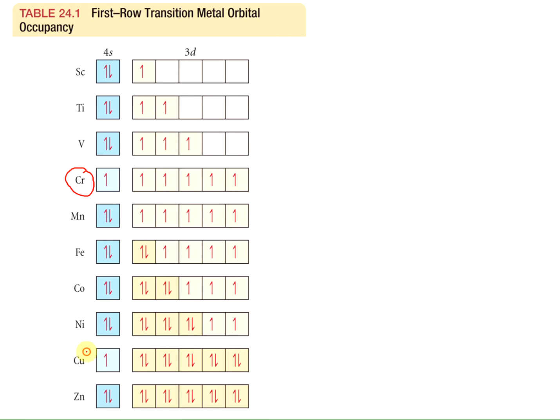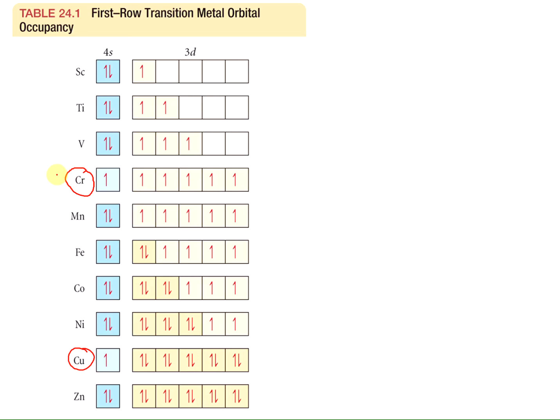Notice as we go from titanium to vanadium, we go 1, 2, 3, 4, we have 5 electrons. For chromium we're going to add 6, but this time, rather than adding just another electron in this orbital here, we promote an electron from the s to the d. That's because chromium gets some extra stabilization by having everything half full. So chromium is one of those exceptions that you need to know.